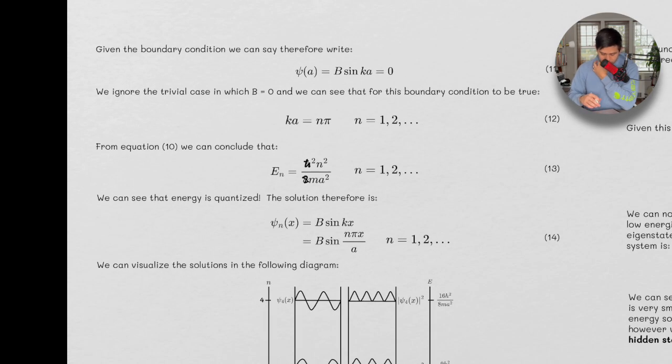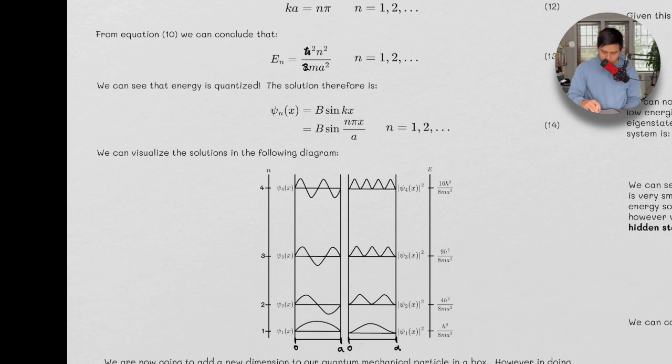It depends on if you like Planck's constant or not. But this is then our energy solution, our values for our energy. At the first energy level, n is going to equal 1. At the second energy level, n is going to equal 2, and so forth.